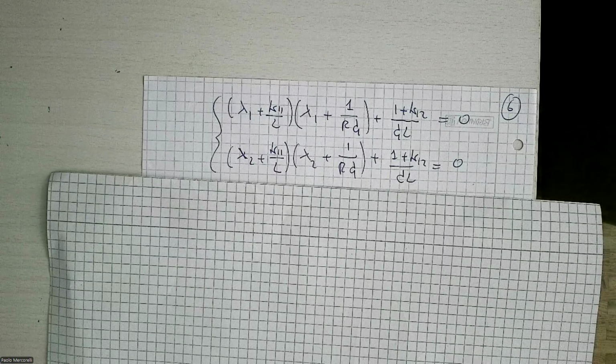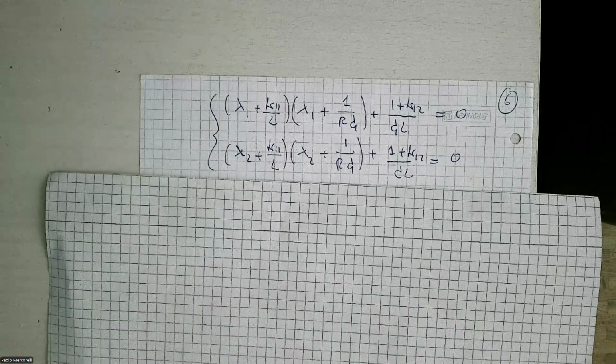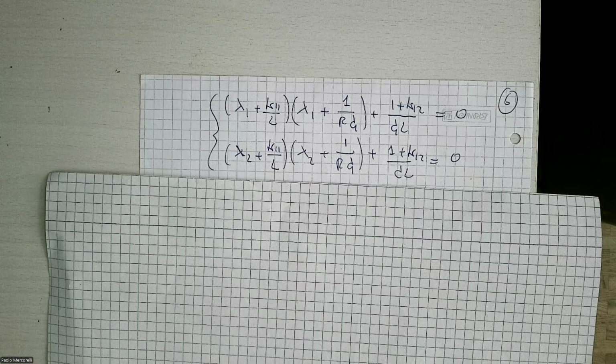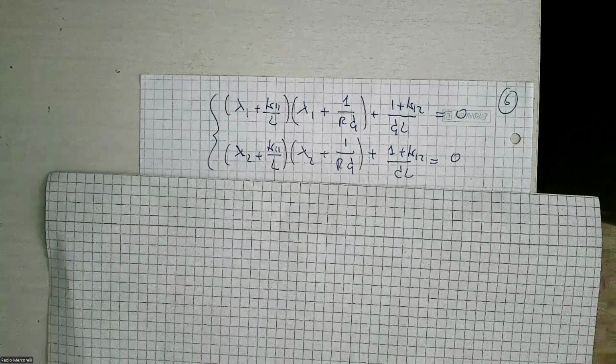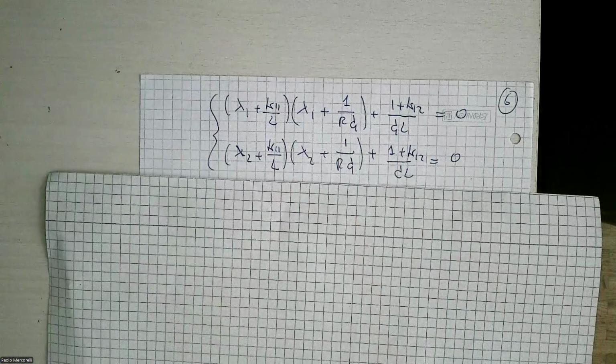What we have here: I fixed one eigenvalue, and I have this equation here. Lambda 1 is given, I don't know, minus 100. Now we will see how I can choose these values. But in any case, it's fixed. And if fixed, I will fix also the second eigenvalue. This means having a system in which the unique unknowns are K11 and K12.